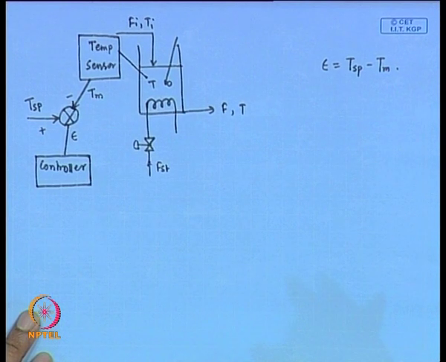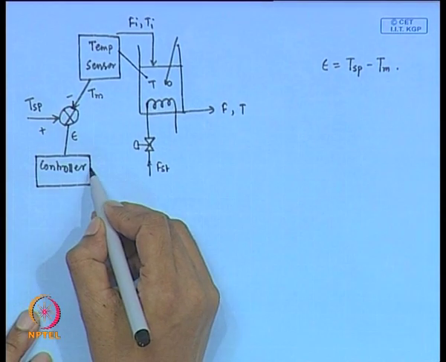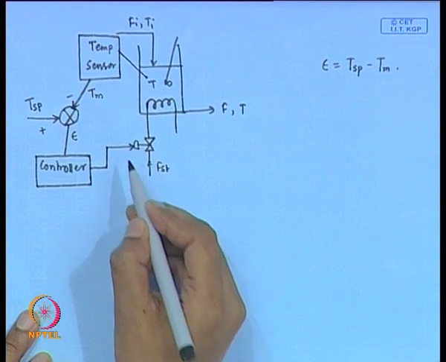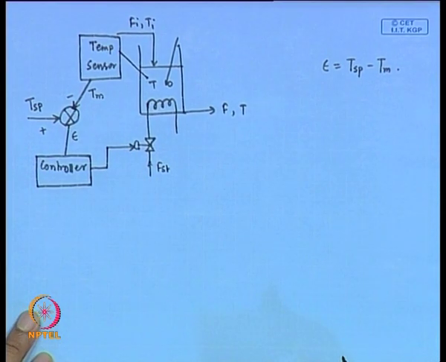Based on the error signal, the controller takes action, and that action is physically implemented through this control valve. The controller action is physically implemented through the final control element, that is control valve. Fine.